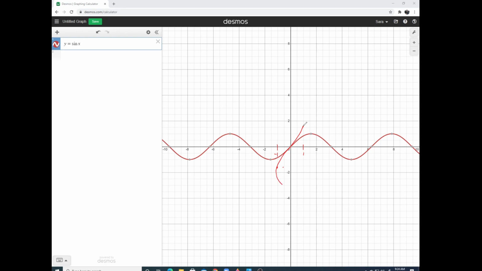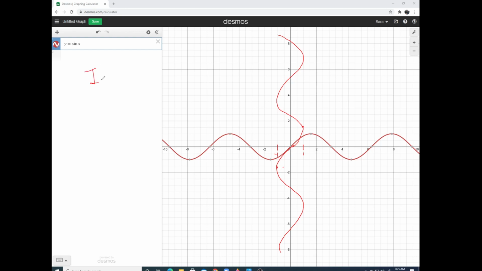This definitely will not be exact. Okay, but if you have graphed the inverse, you know that this is not the graph that we get.